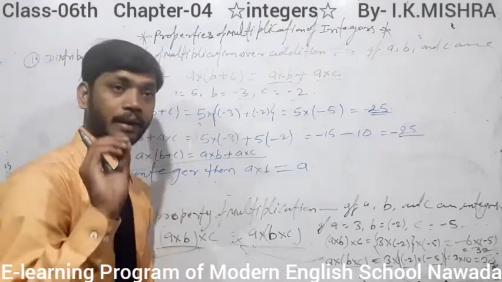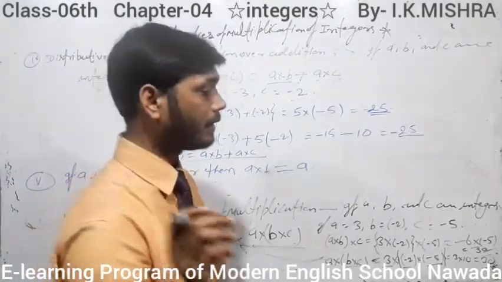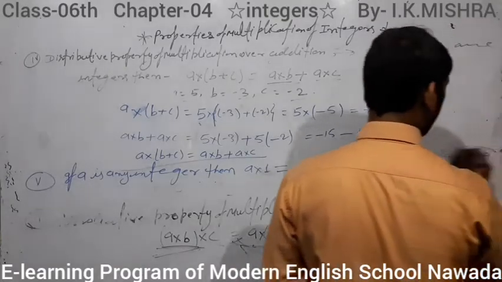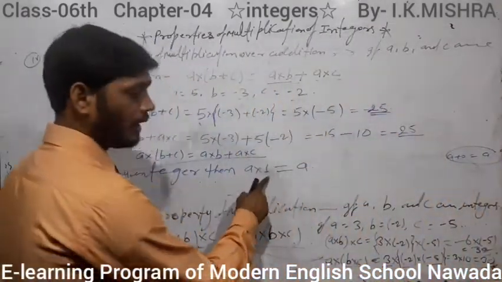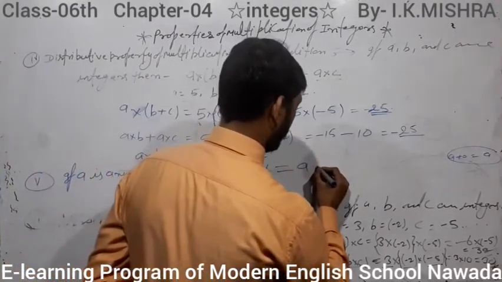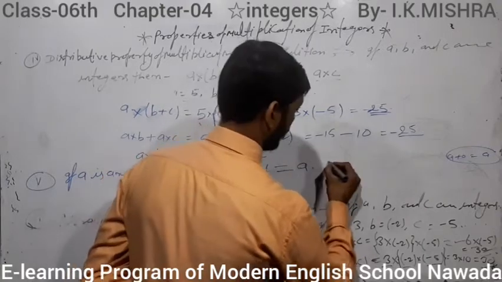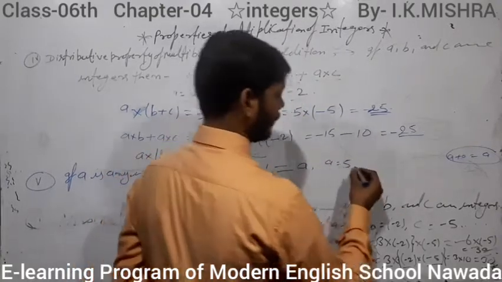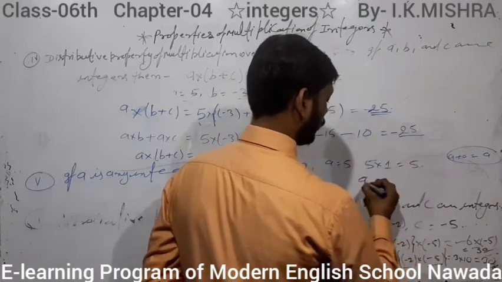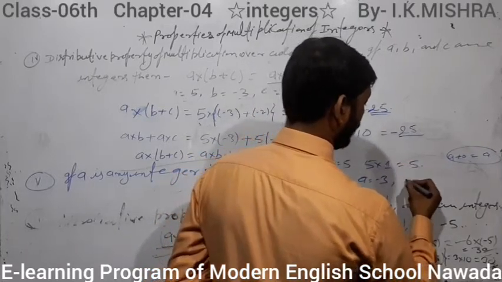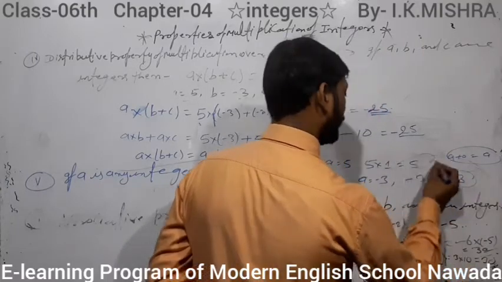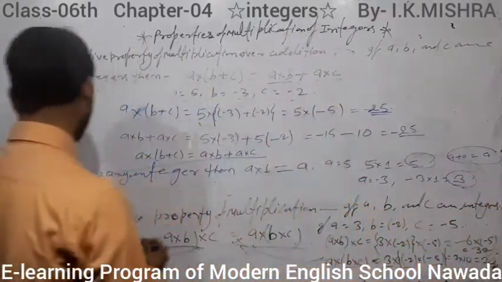Students, in addition of integers, I wrote a plus 0 equal to a, but here a into 1 is equal to a. Friends, suppose a equal to 5, then 5 into 1, result equal to 5. If a equal to minus 3, then minus 3 into 1 is equal to minus 3. So students, clear this property?